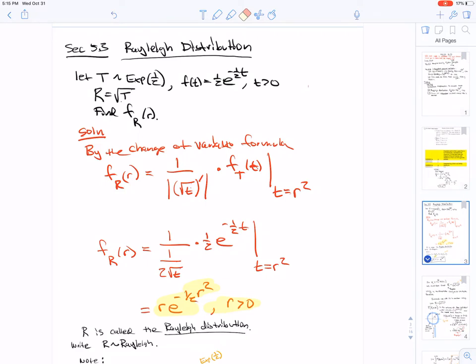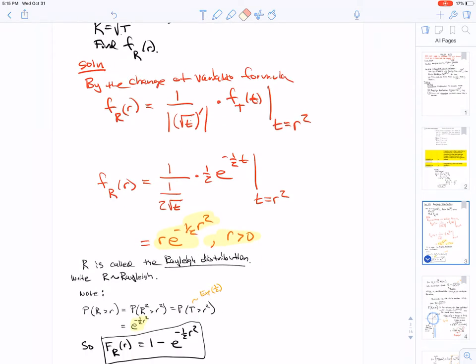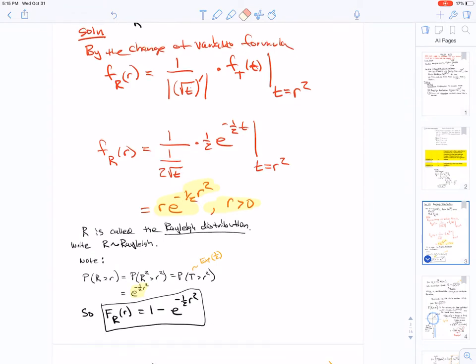It's defined as the square root of exponential 1/2. And I asked you to use the change of variable formula to find the density of the Rayleigh distribution. So you did a change of variable, and that gave you the density r e to the minus 1/2 r squared for r greater than 0.